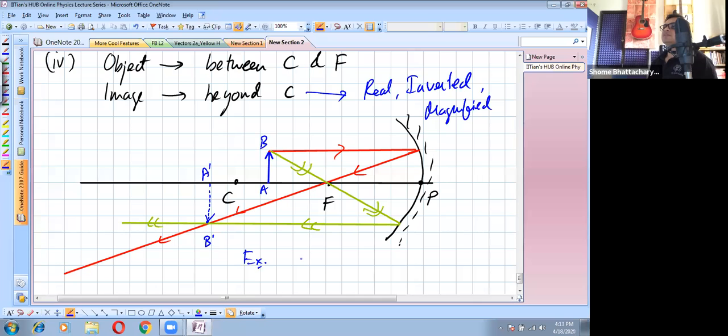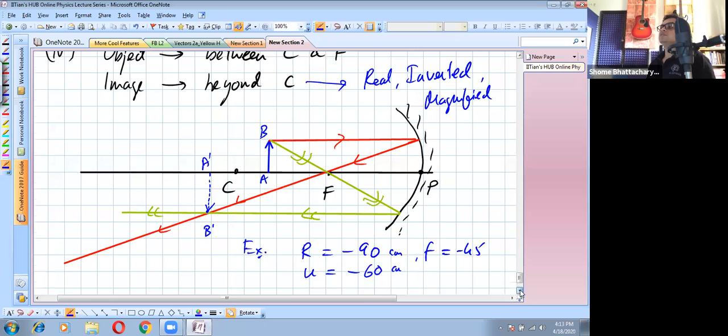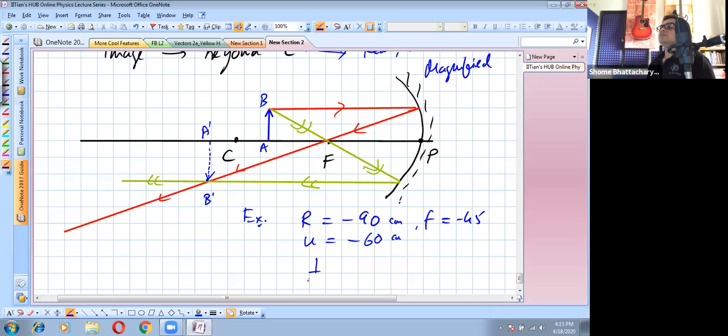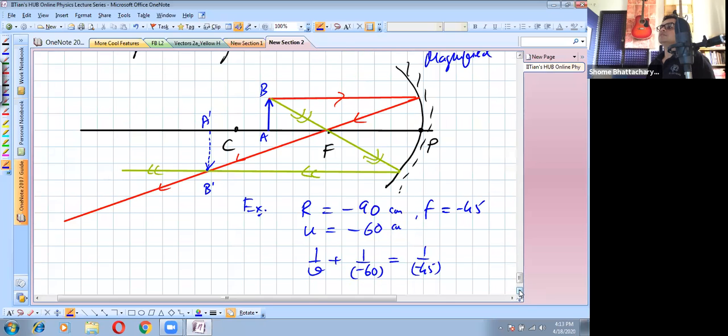You can try an example like this, where you take the radius as, let's say, minus 90, and you take the object distance as, let's say, minus 60. So focal length you can see is minus 45. So you'll get the V from 1 by V plus 1 by U is equal to 1 by F. Let's see what this gives us.